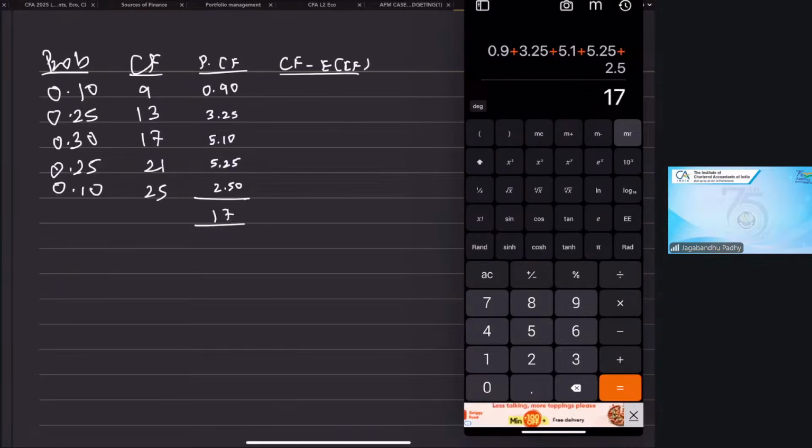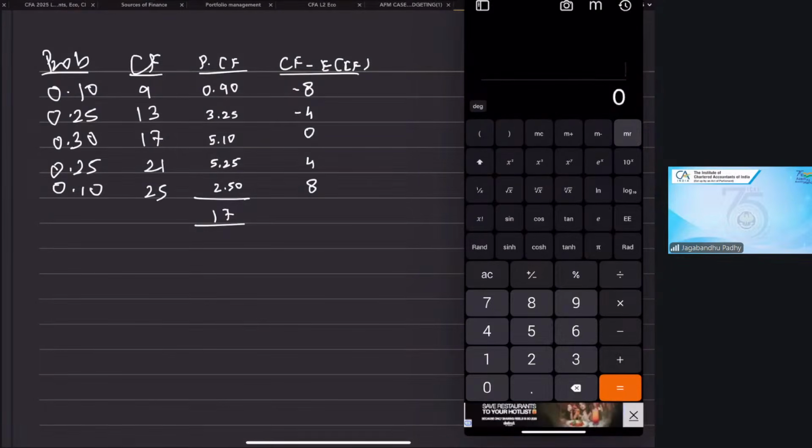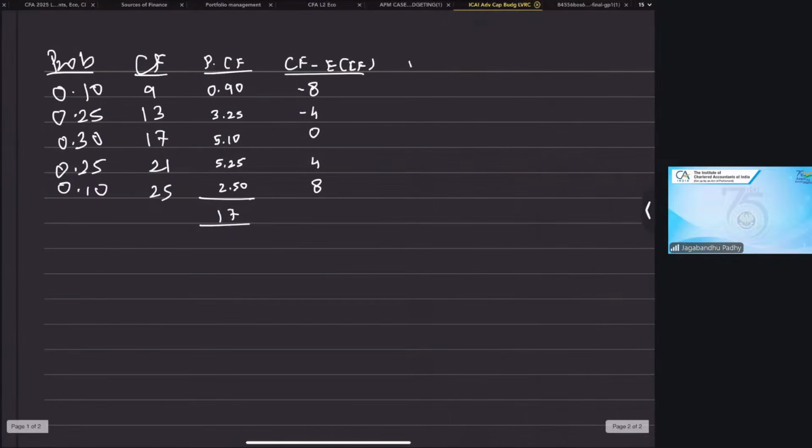Cash flow minus expected cash flow. So 9 minus 17 is minus 8, 13 minus 17 is minus 4, this is 0, this is 4, and this is 8. Then probability multiplied by cash flow minus expected cash flow square, and we add.